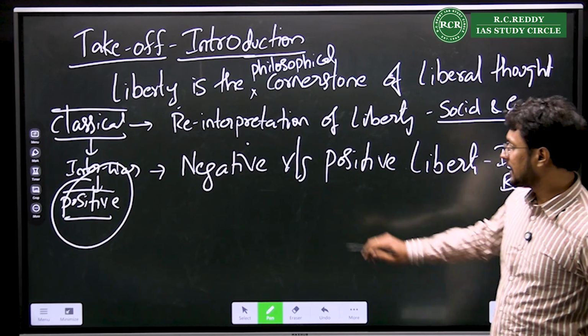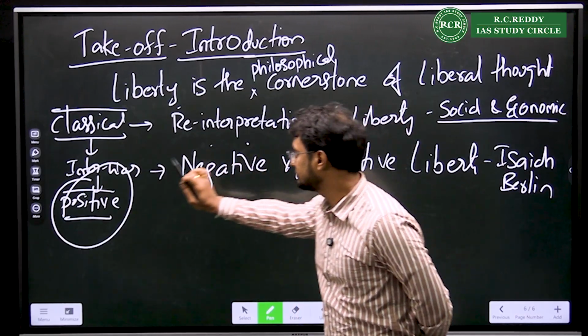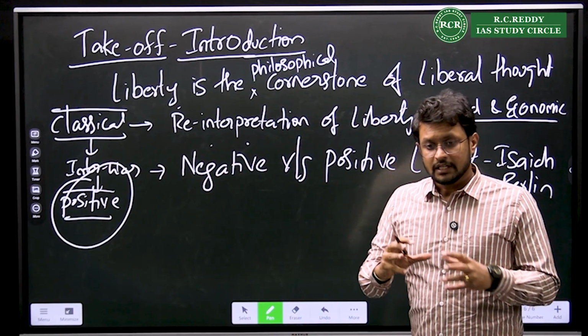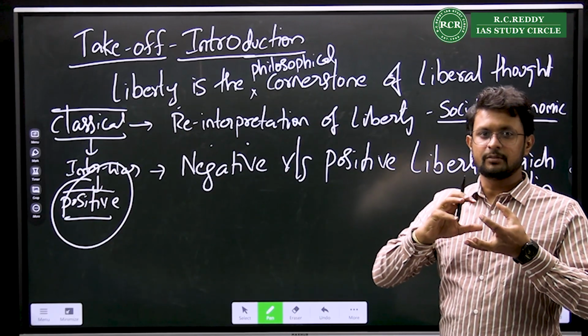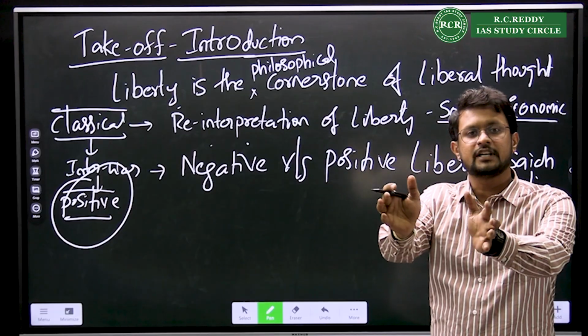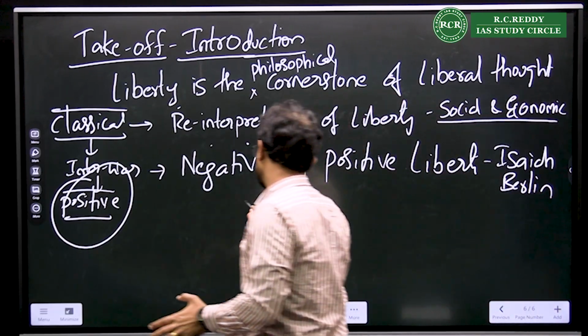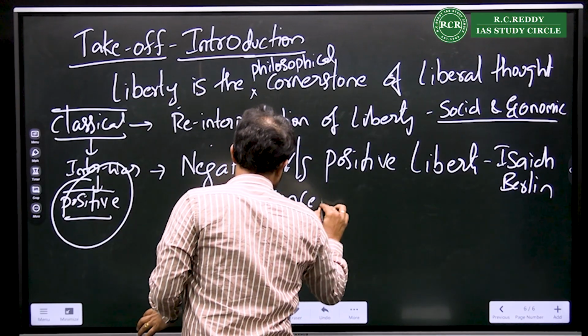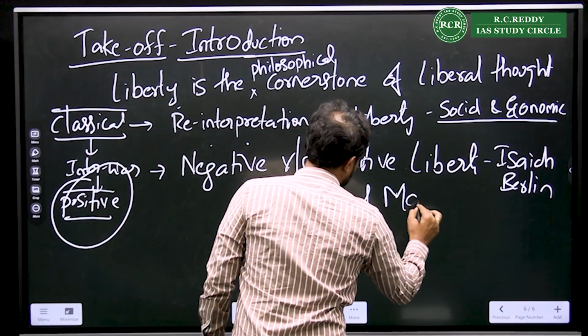Because classical liberalism stands for negative liberty and positive liberalism calls for positive liberty. The interaction of both liberties has given way to different liberal schools, and it creates the conceptual map for liberalism.